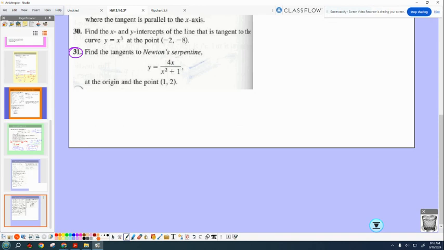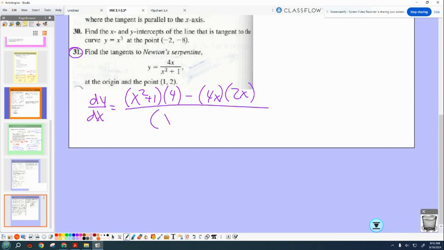Find the derivative, okay. Explain the first step to finding that derivative.